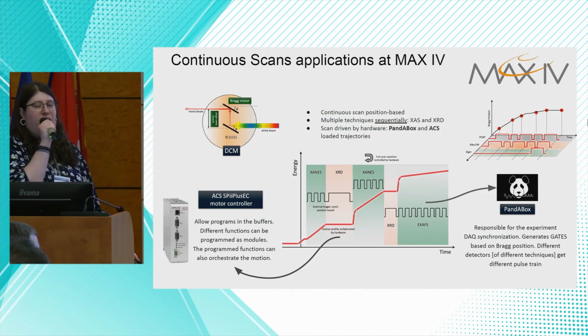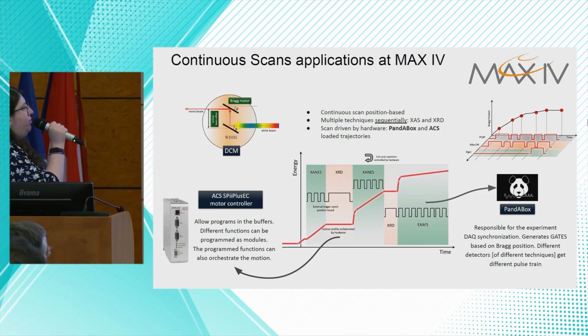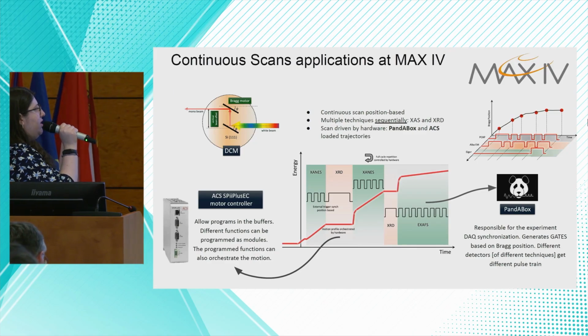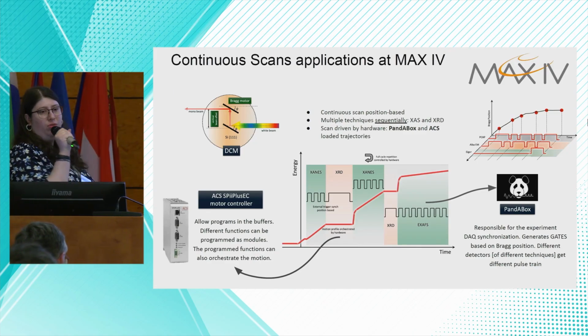So the idea here is to make it possible for the user to configure many different techniques in a sequence, like XANES around an energy edge, XRD, then XANES at another energy edge, XRD, and another energy edge. And all these configurations are going to be configured into the hardware. In this case, we use the ACS motor controller, and we are going to use its feature for trajectory.